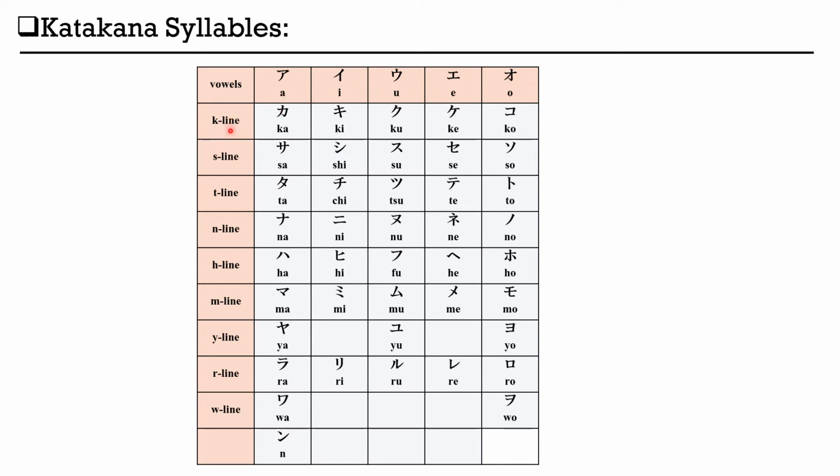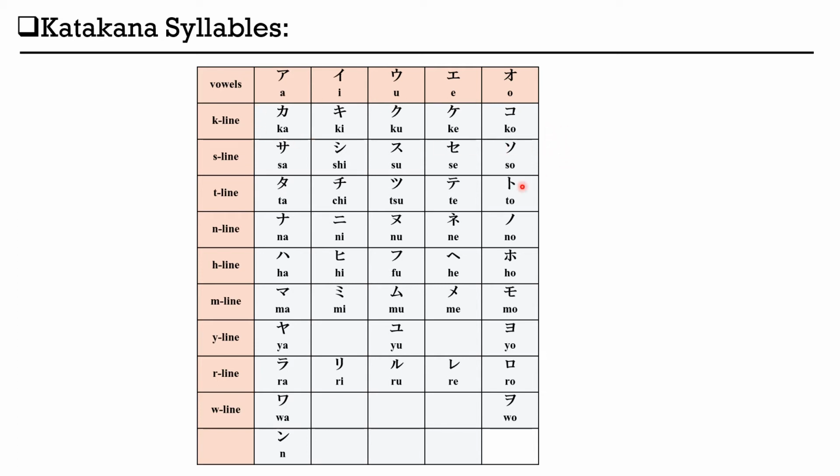K plus A gives ka, K plus I gives ki, K plus U gives ku, K plus E gives ke, K plus O gives ko. By which you will now get all the K sounding syllables.